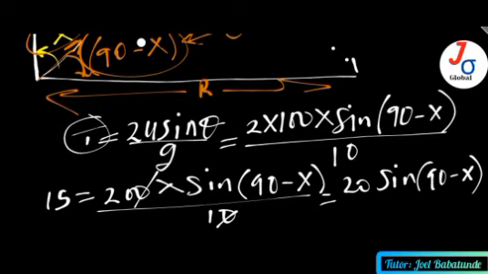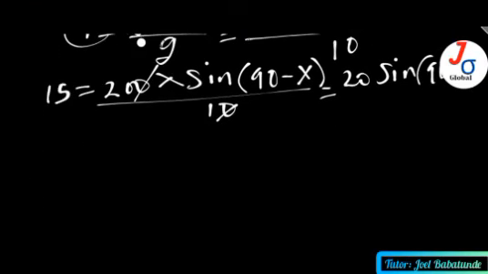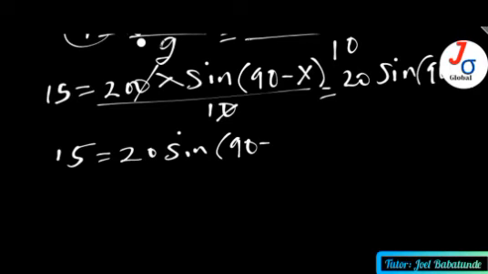Then we have 15 equals 20 sine of 90 minus x, and we can divide both sides by 20.